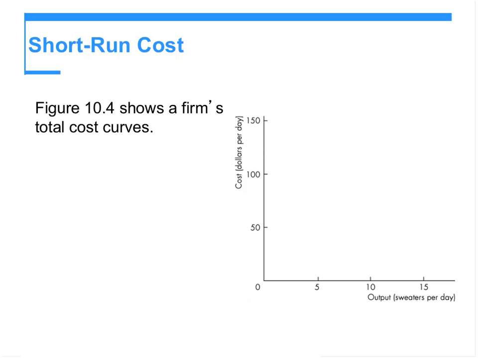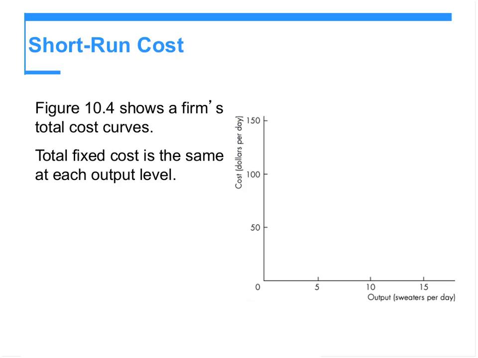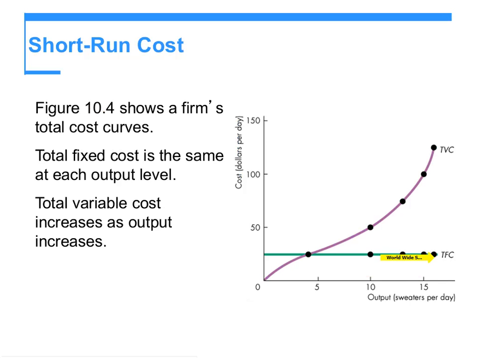Figure 10.4 shows the firm's total cost curve. Now we're going to have all of those discussions that we have for product and for cost as well. Total fixed cost is the same at each output. As you can see here, as we increase the number of output, total fixed cost is the same. It never changes. But total variable cost increases as output increases.